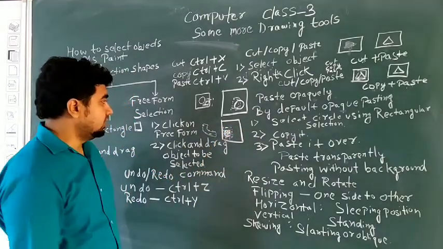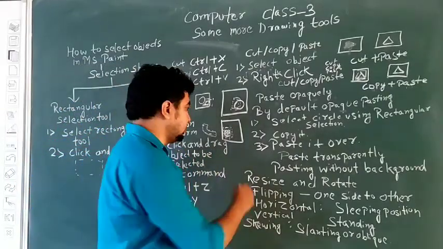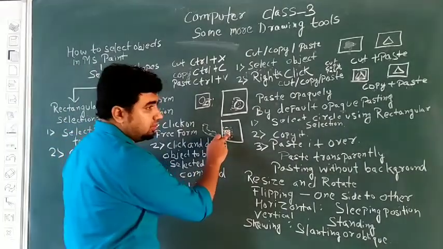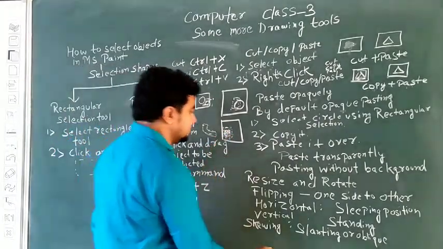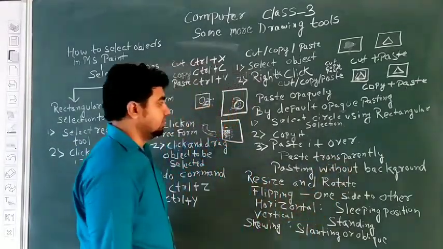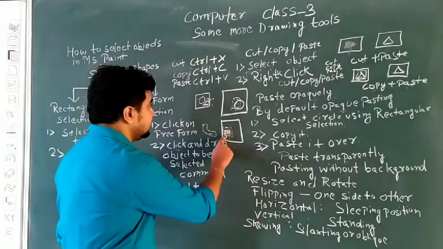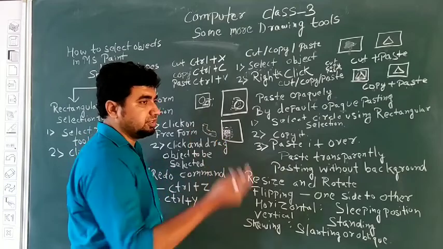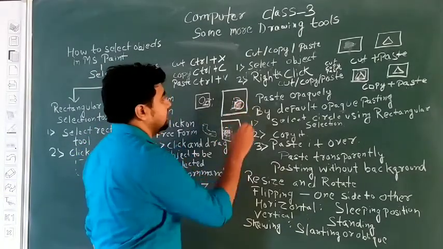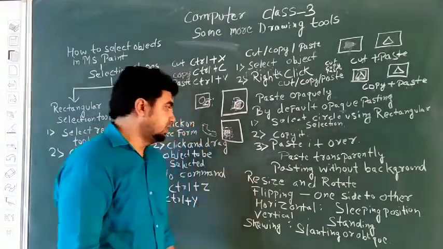Now if you don't want the greenish part and you only want the figure, that is, you want only the rectangle pasted, you select this rectangle and click on the paste transparently option. Then only this part will be pasted, and the other part will be removed or excluded.